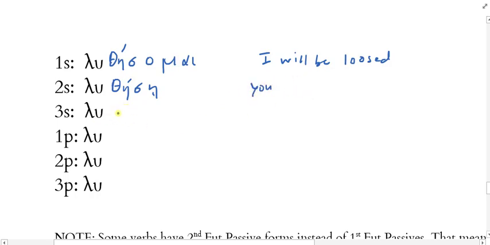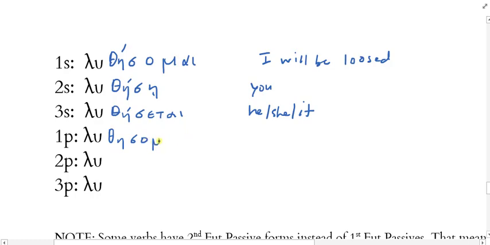He, she, it will be loosed: lu, they, se, tai. Got my tai ending. That's he, she, it will be loosed. First plural. Lu, they, what? Is it sumen?